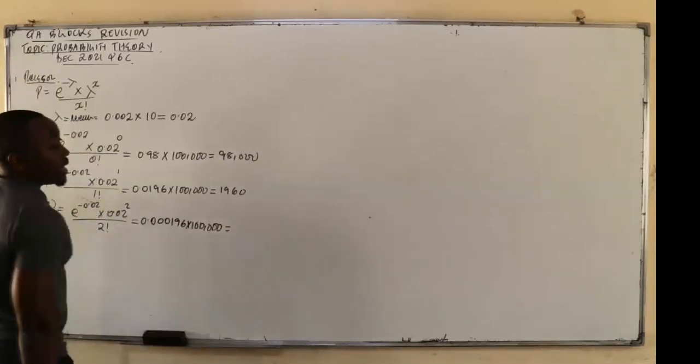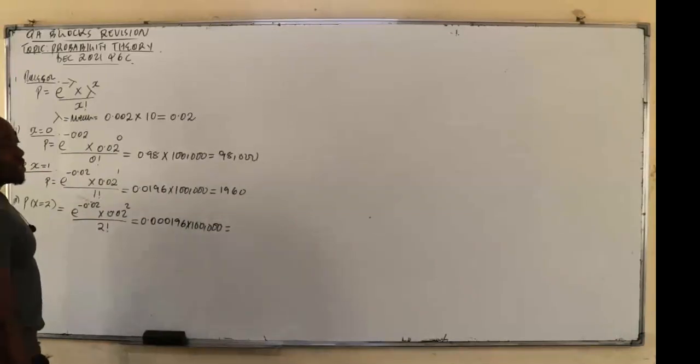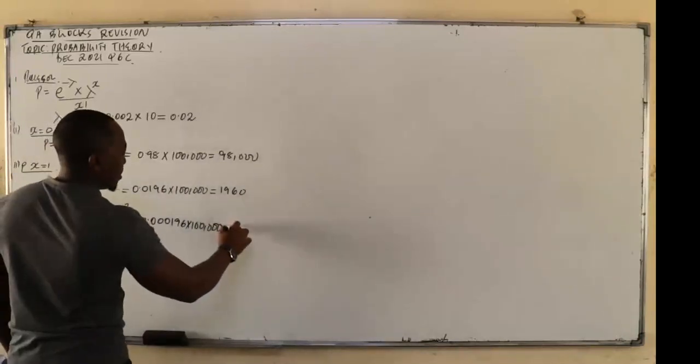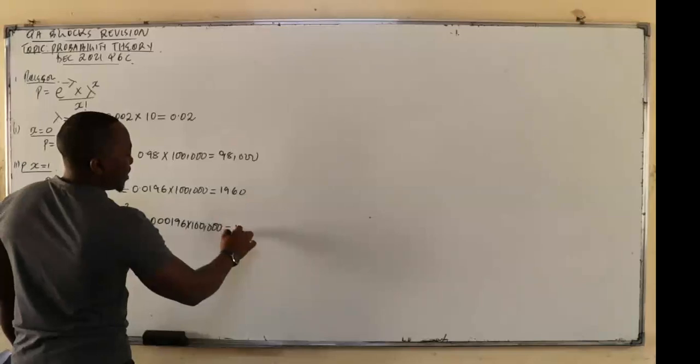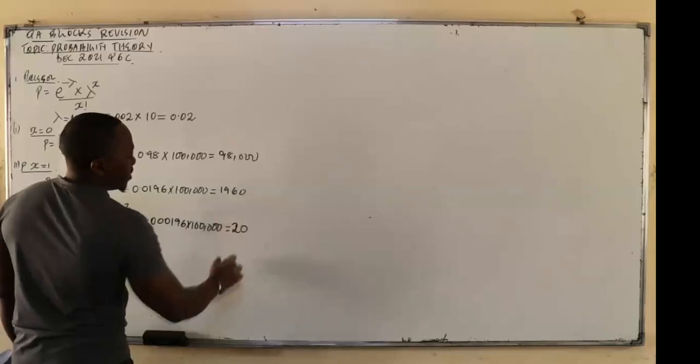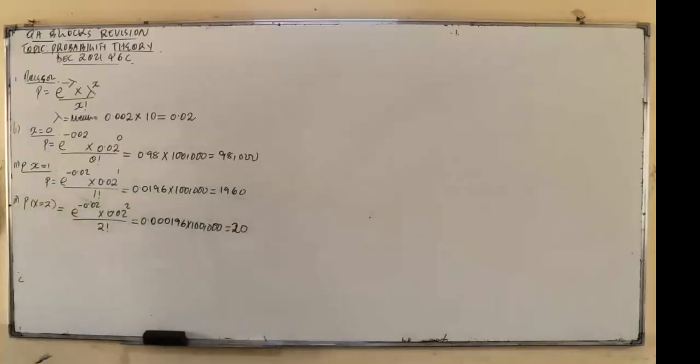You multiply by 100,000. 19.6, approximately 20 packets.